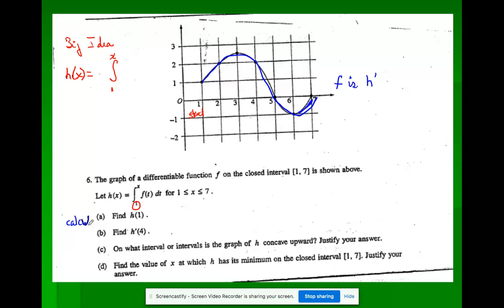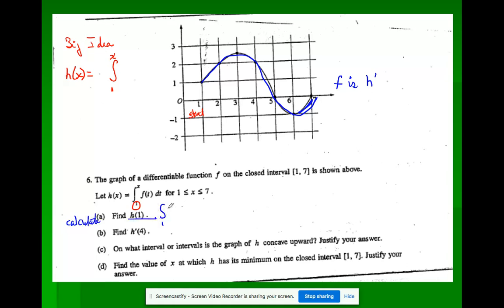Well, h of 1 is going from the starting value of 1, collecting values under f of t. You're kind of used to that now too, right? What's that situation if you're going from 1 and not stopping anywhere?